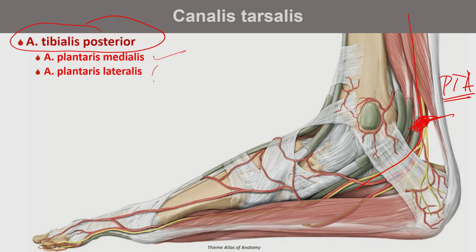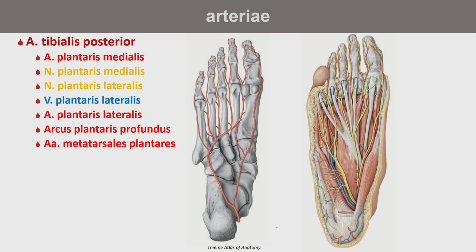This artery is divided in two branches. One branch is going towards the hallux, and the second is going to the lateral part. So the lateral branch is then forming the plantar arterial arch with arising metatarsal arteries and then supply of the toes.